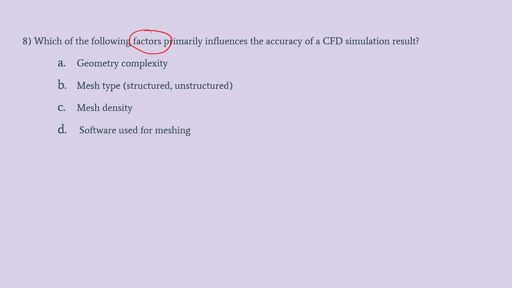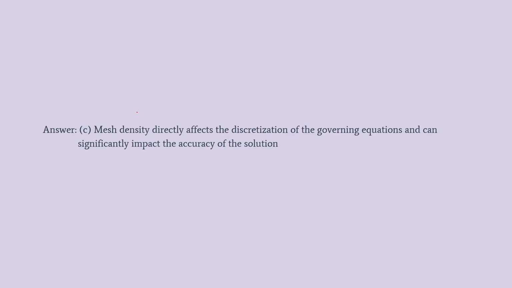So our answer is option C, that is mesh density. Because mesh density is the level of refinement.